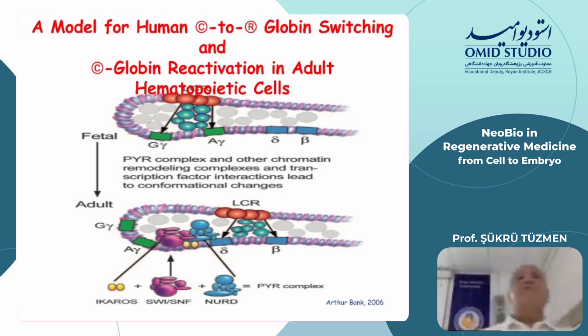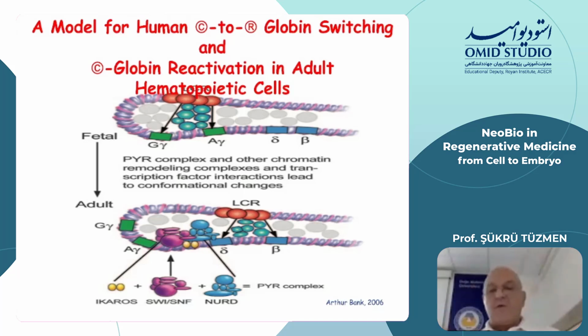Enhancers can be upstream or downstream, and they can be farther away from the gene of interest. That's why you see this as a looping mechanism. So we talk about hemoglobin switching in terms of looping of all these LCR regions to find a specific promoter region of the globin gene family, either to stop their expression or to upregulate their expression.